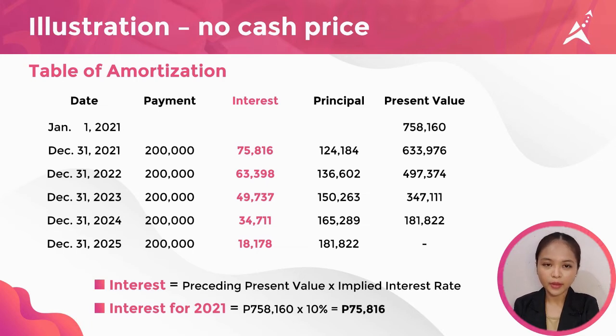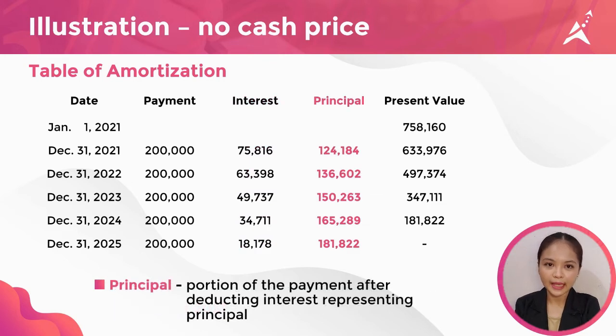So, for example, for the year 2021, the interest is computed by multiplying the preceding present value of 758,160 pesos by the 10% implied interest rate. So, the interest for 2021 is 75,816 pesos.